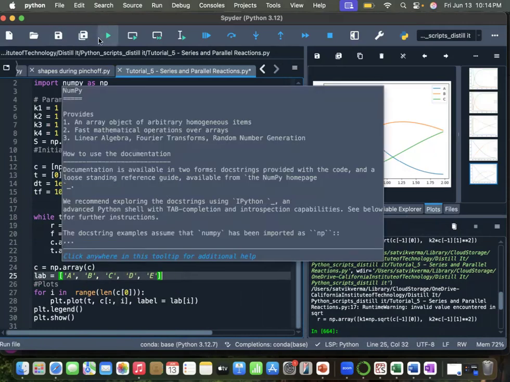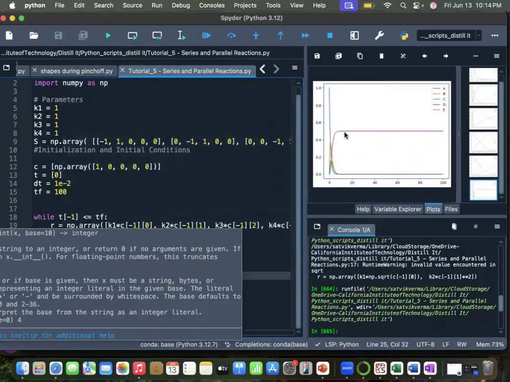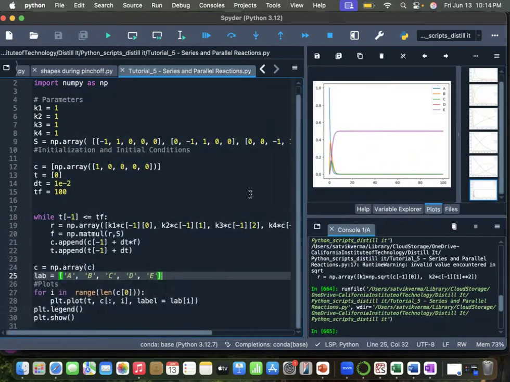So now if we solve this problem, we'll see all of these species being visible.